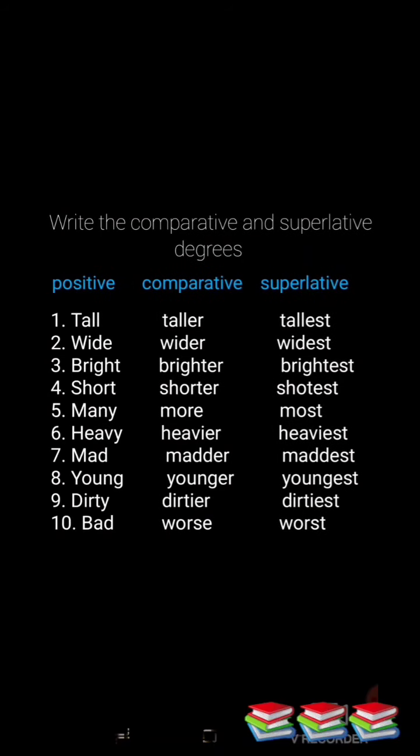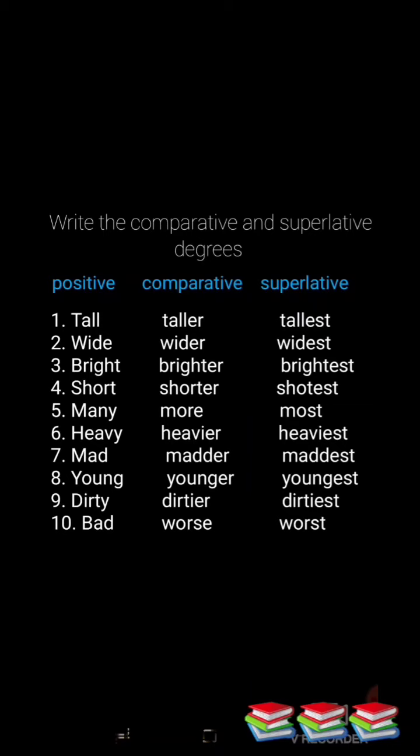Furthermore, here I have written a few words for you, which you have to write in comparative and superlative degrees. Tall, taller, tallest. You can see here, while writing the comparative degree, I am using the ER word, and if I am writing the superlative, I use EST.